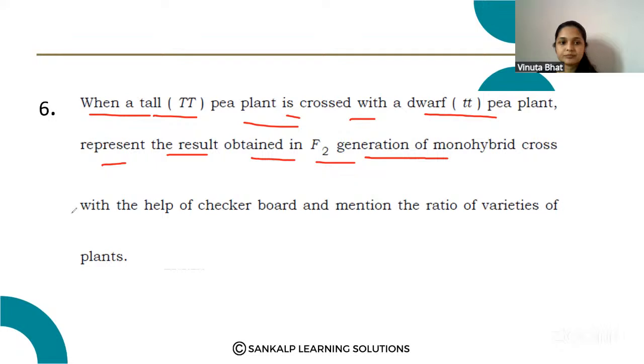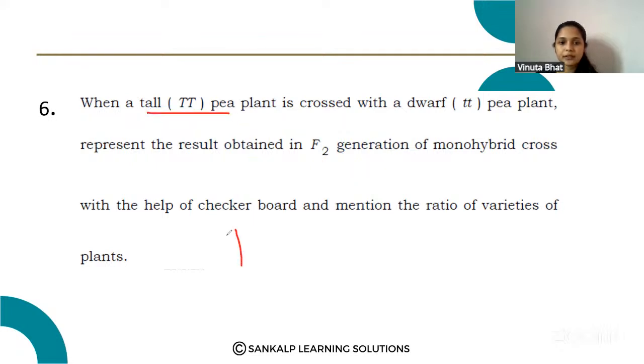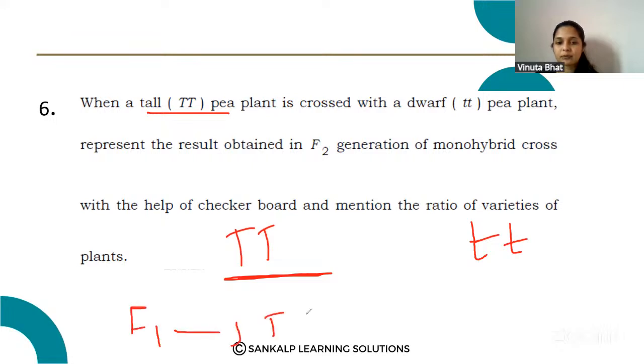Here, tall is capital T, as the genotype is already given, and small t is the dwarf plant. In the F2 generation of monohybrid cross, you have to perform the monohybrid cross. First, in the F1 generation all plants will be tall plants, and for the F2 generation you have to use the checkerboard. Okay, already we have solved this question, so I will move to the next question.